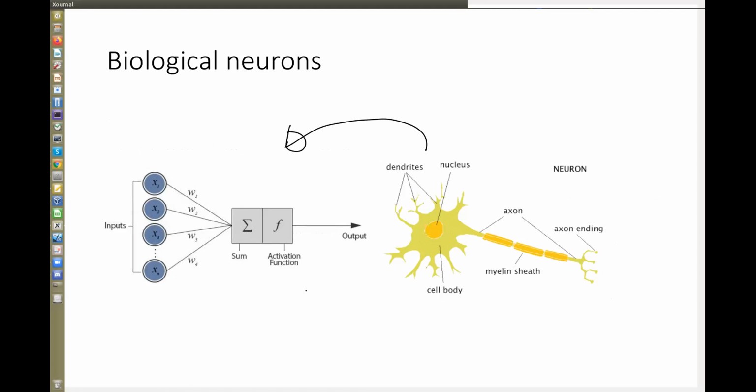So we'll simplify these biological neurons to a very simple model here. Of course it's very imprecise, because when these neurons are activated, they pass a signal. The signal for this artificial neuron, depending on your activation function, will just be a scalar value.